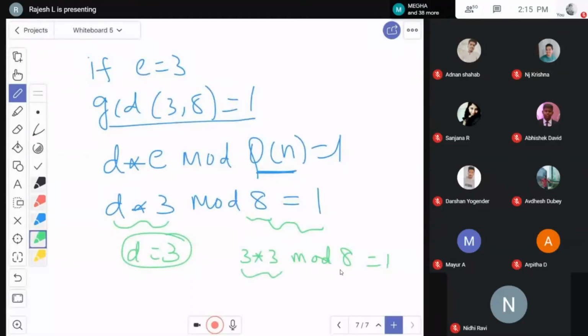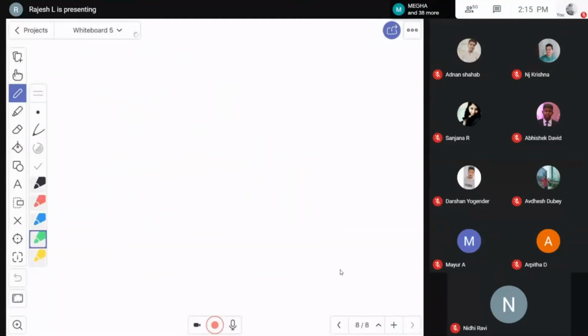Once D is selected as 3 and E is already assumed as 3, now we want to determine the public key and private key. Public key is expressed as E comma n, that is 3 comma 15.